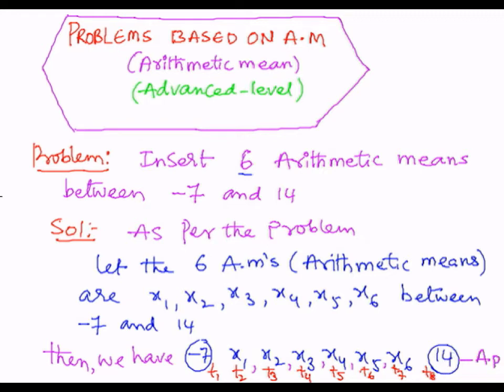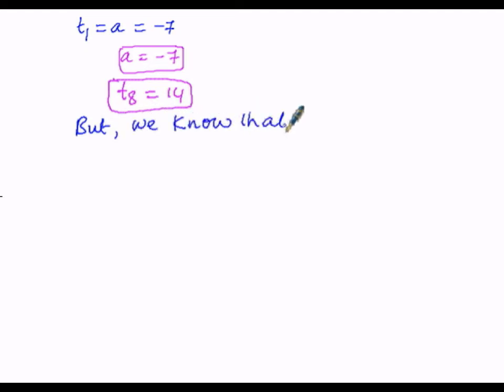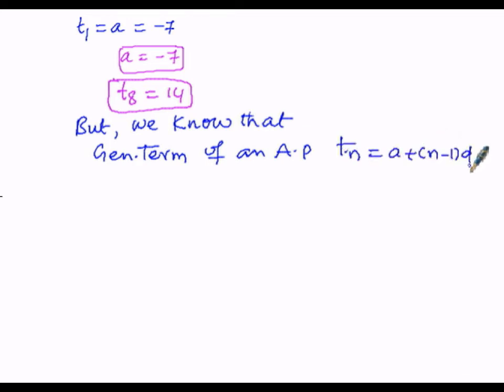As per the problem, the 8th term is 14. We know that the general term of an AP, Tn, equals a plus n minus 1 into d.